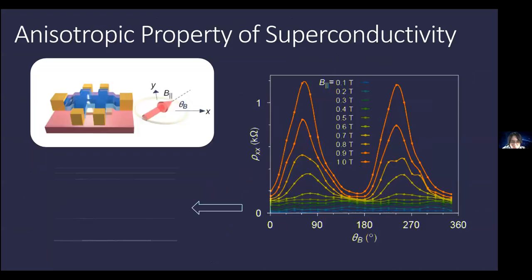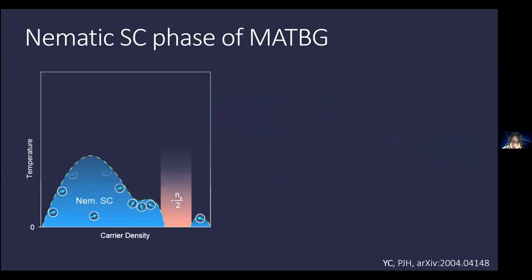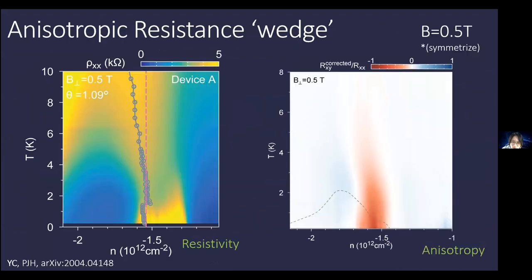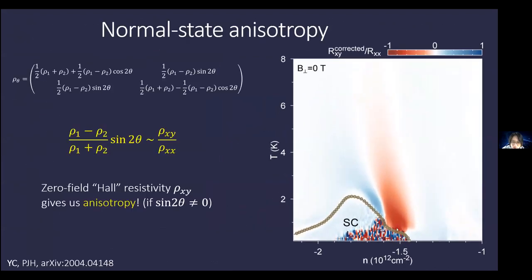So the normal state anisotropy, as I showed here, there is strong anisotropy here, but not there, which is where the correlated insulator occurs. So I think the answer is no, or negligibly small.